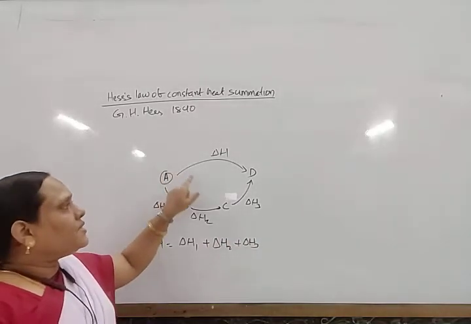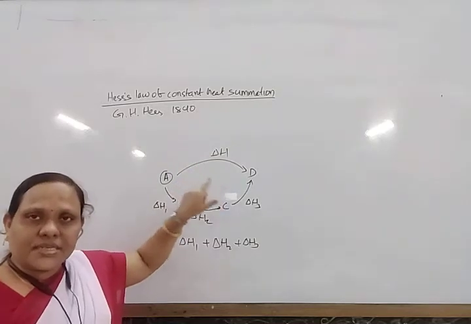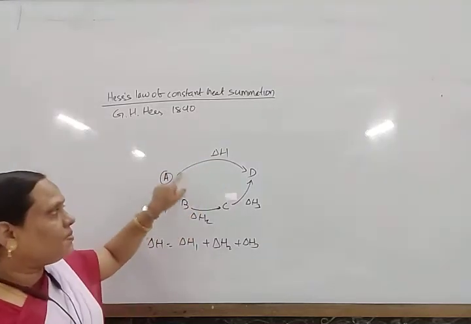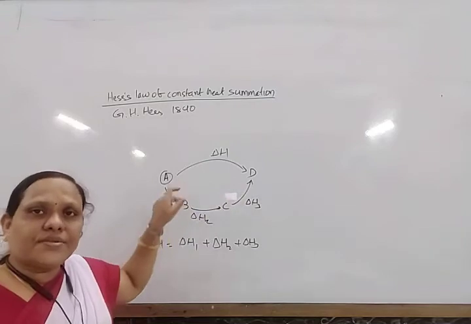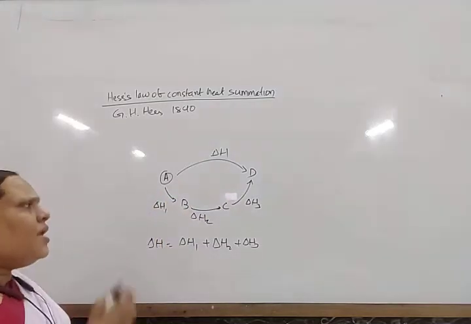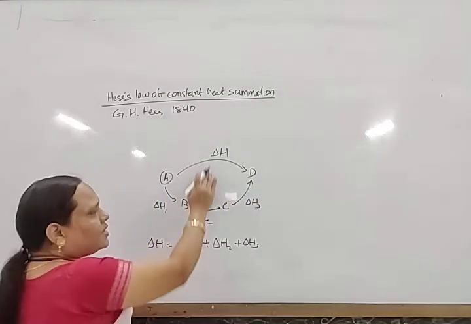Okay, so the enthalpy change during a chemical reaction or in a physical process remains the same whether it takes place directly in one step or in several multiple steps. Let us think that these are not equal.